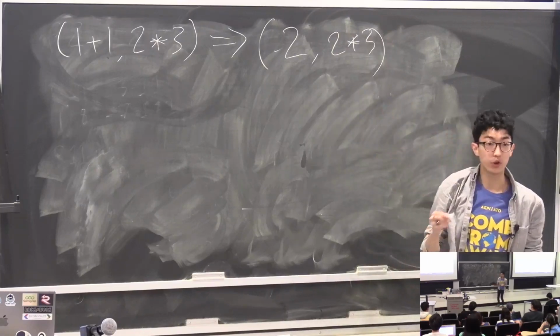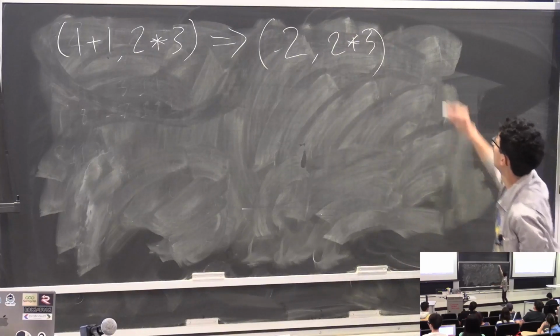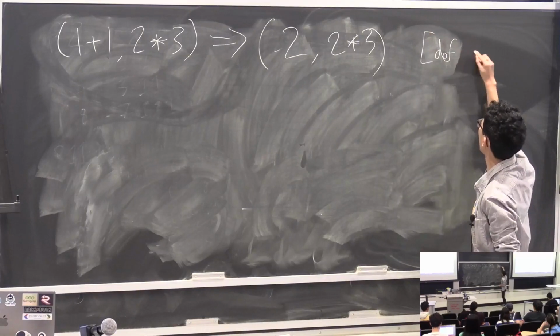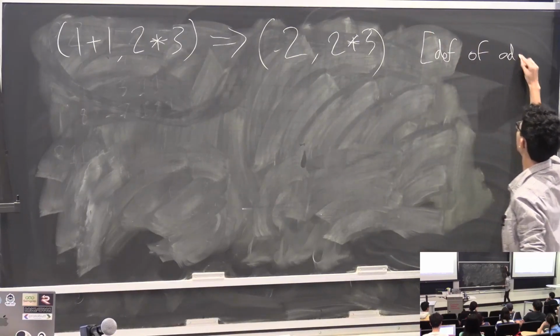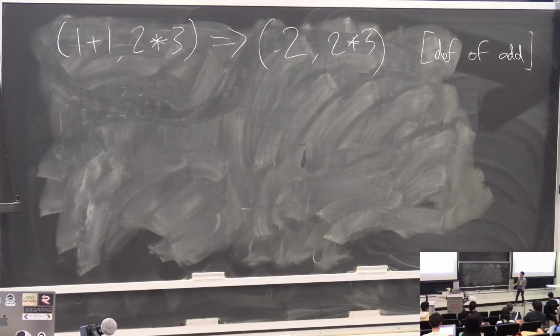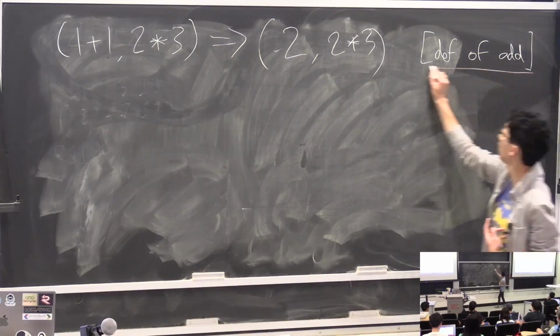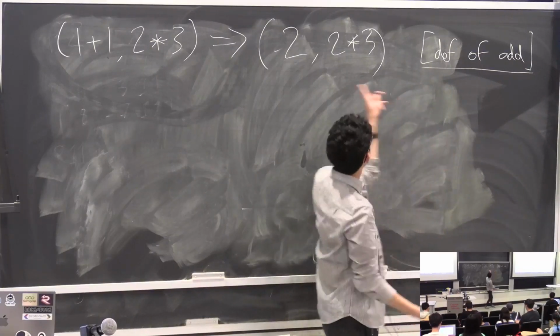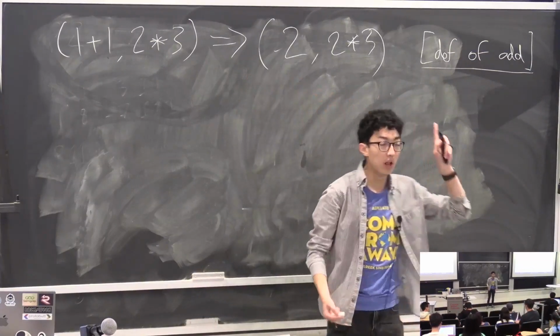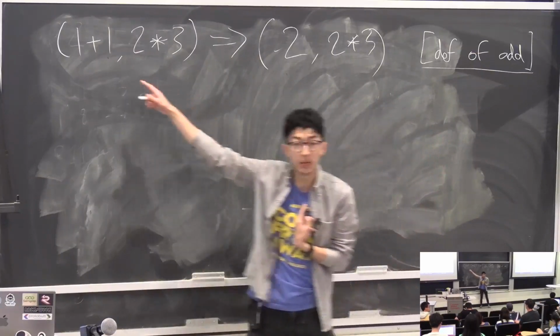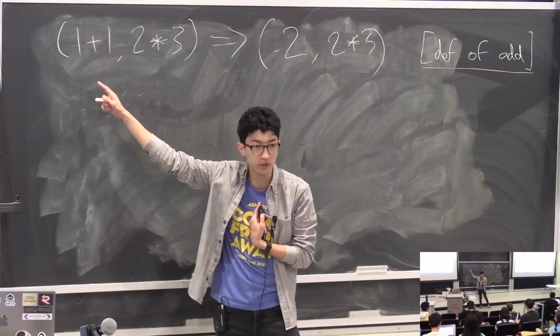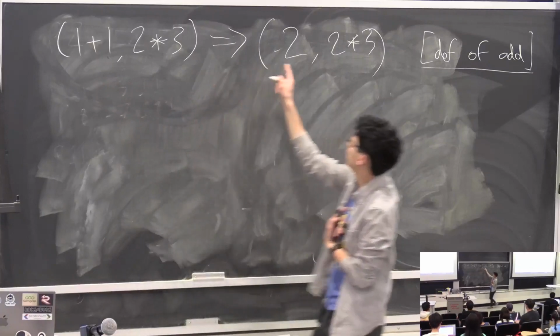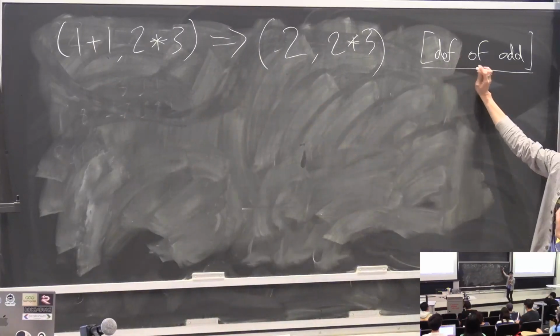Now, when we're doing a trace like this, when we're stepping code, usually on the right-hand side here, we're going to want to cite how that step happened. How do we know that this thing stepped to that thing? Well, I know that this happened because 1 plus 1, by the definition of the plus function, needs to step to 2. So I do a little citation here.